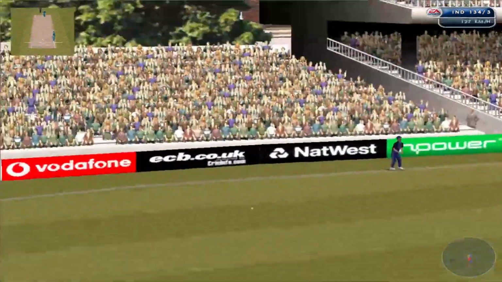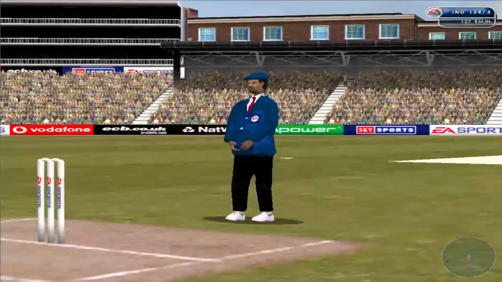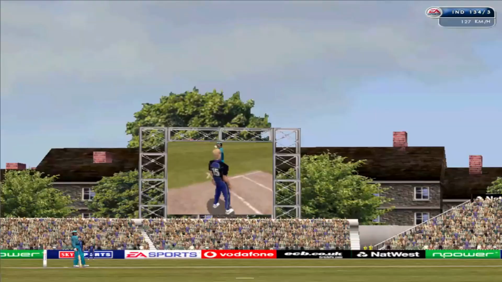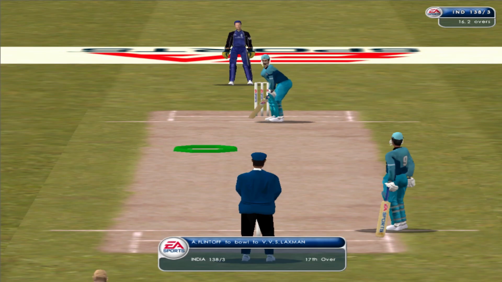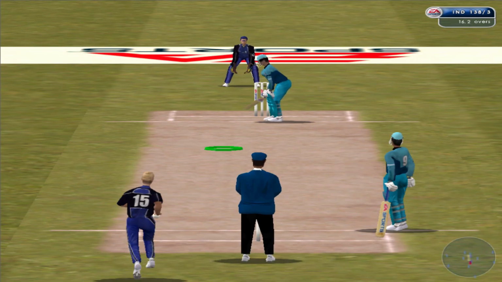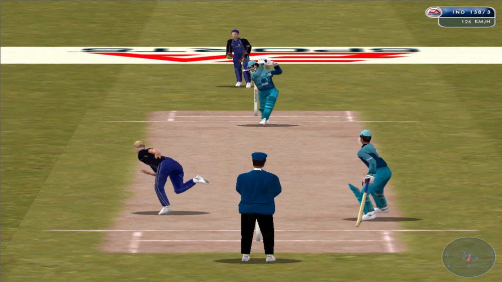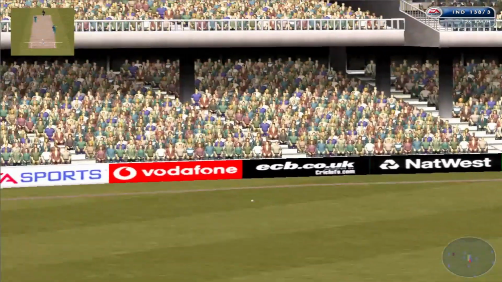Well, the fielder's not going to cut that off. Laxman is looking to punish any short deliveries. He'll have enjoyed that one. It was for the moment it left his bat. He's worked that into the gap.